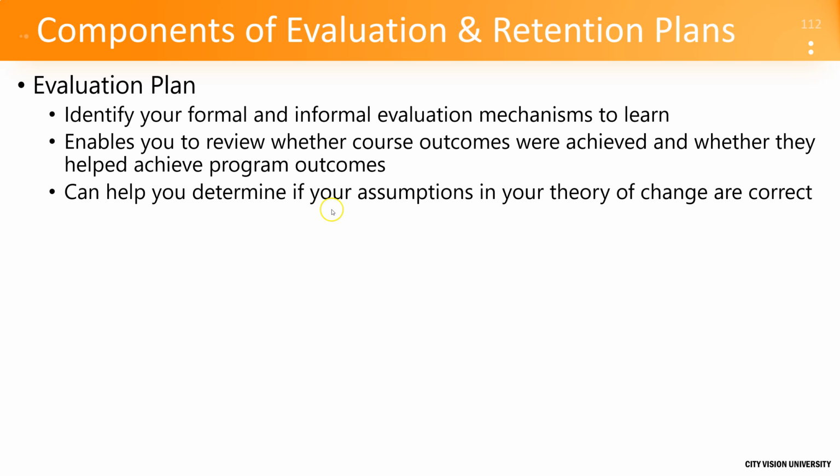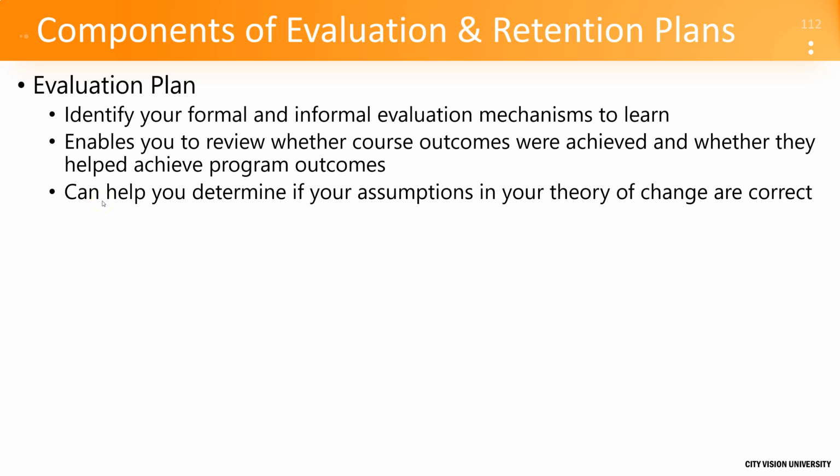So in terms of the components of an evaluation and retention plan, so an evaluation plan, identify your formal and informal evaluation mechanisms. So formal would be things like tests and exams, and informal might be interviews. And then what you want to be able to do is see, were your course outcomes achieved, program outcomes achieved, and you also want to be able to test a good theory of change.